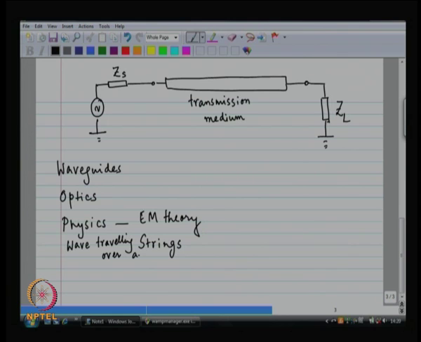So, if you have studied any of this, or if you have studied transmission lines, all of these theories are very, very similar to each other.